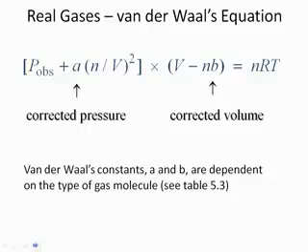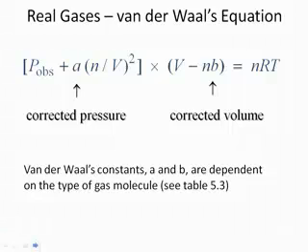Okay, here is the actual equation that we use. I know we're kind of jumping topics again. For real gases, in other words, when we're at high pressures and/or low temperatures, we don't have ideal behavior. And anytime you don't have ideal behavior, you use this van der Waals equation.